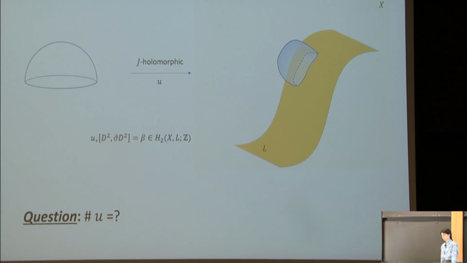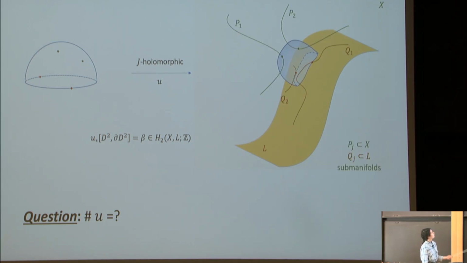And we want to add marked points at the interior or at the boundary. There are two substantially different types of marked points now. The marked points at the interior will be constrained to lie in submanifolds of the ambient manifold, and the marked points at the boundary should map to some constraints that are contained in the Lagrangian.